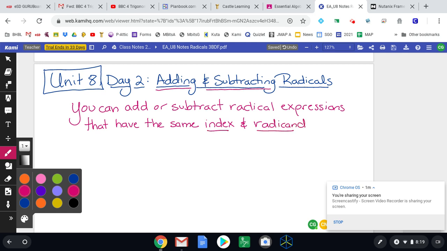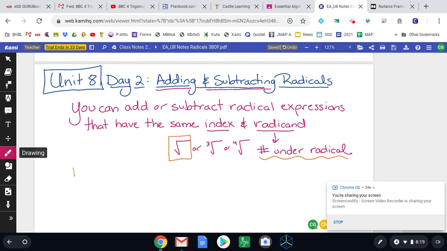So what that means is that they both have to be like both a square root, right? So the radicand, remember, is the number under the radical. And the same index is something like a square root or a cubed root or a fourth root. But remember, in our course of study, we're only going to talk about square roots. So we're looking for things that have the same exact numbers under the radical.